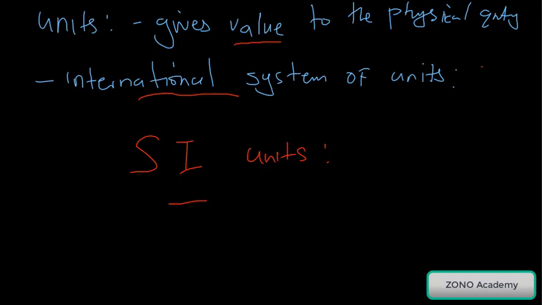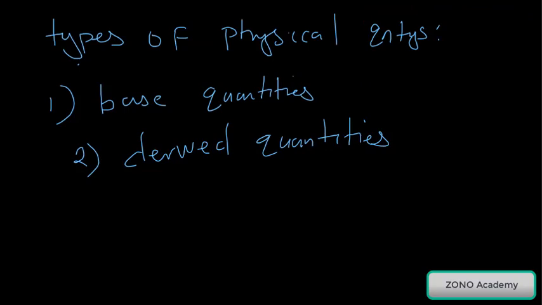Now, there are two types of physical quantities. First we need to understand the physical quantities, then assign or attach SI units to them. The two types of physical quantities that will be discussed are the base quantities and the derived quantities.